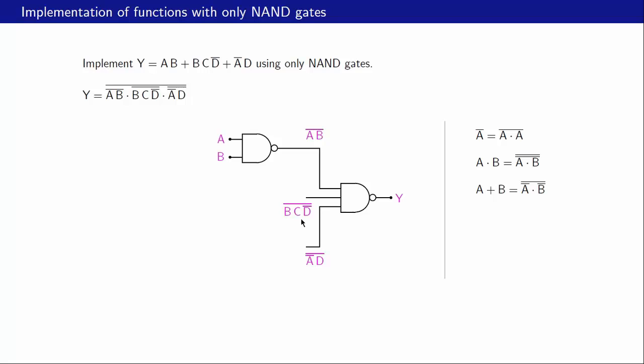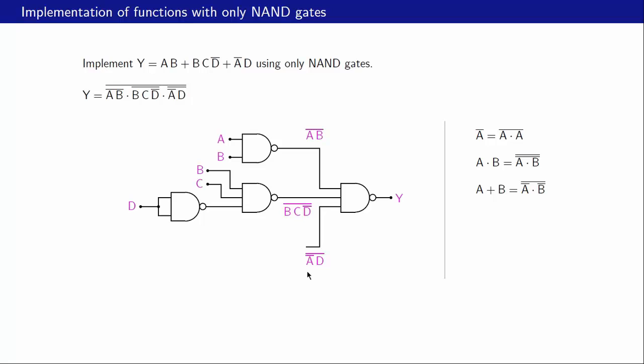So this can be achieved using a 3 input NAND gate with inputs B, C and D bar, and D bar can be obtained by using this equation. So we use a NAND gate with inputs D and D. So that is B, C and D bar, and D bar has been obtained with this NAND gate by connecting these 2 inputs together and then connecting that to D.